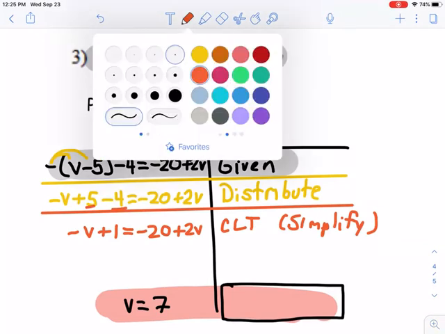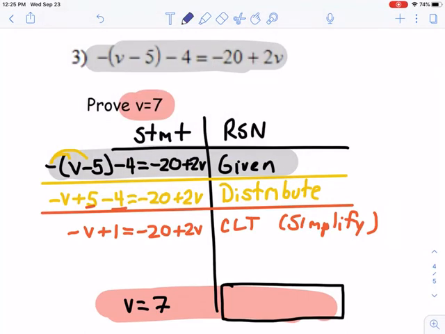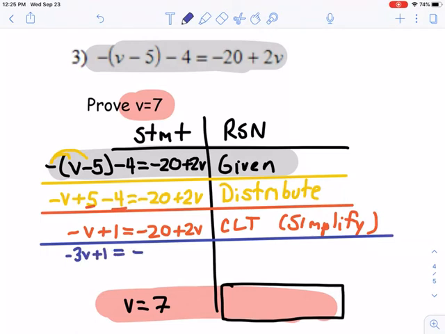Okay, now let's use forest blue. I'm going to subtract 2v from both sides. So I'm going to get 3v plus 1 equals negative 20. And all I did was subtract. Subtraction property of equality.